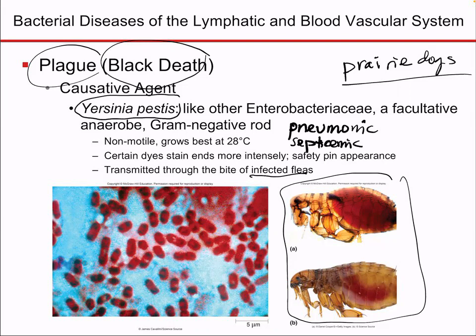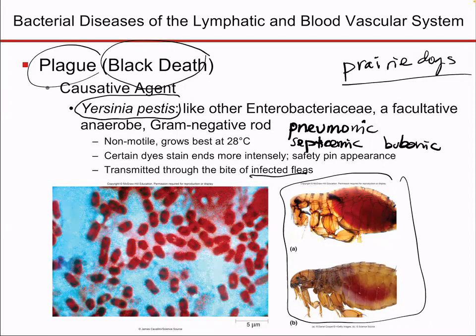And finally, we have the bubonic plague. The pneumonic form may occur following an initial bubonic or septicemic plague infection. And it may also result from breathing in airborne droplets. So there are different ways in which this bacterium can be transmitted.